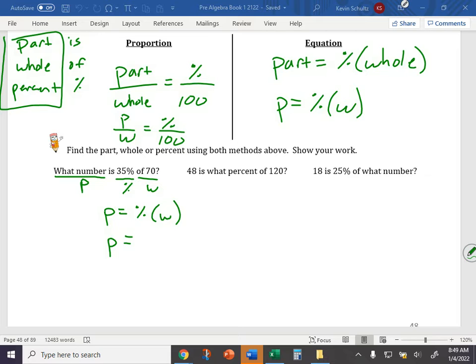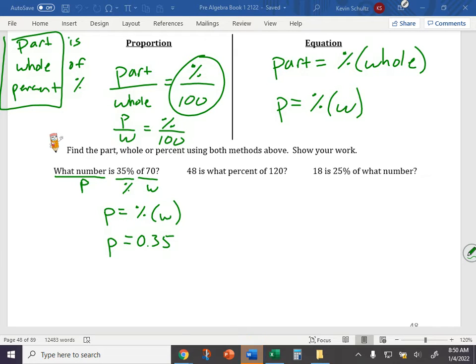We're going to write this percentage as a decimal. So we're going to write 35% as 0.35. The reason for that is when you're solving and working with an equation, working with that percentage as a decimal is more convenient than working with the percentage as a fraction like we did with the proportion.